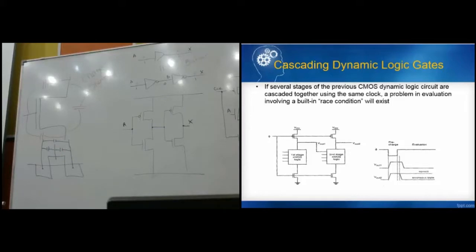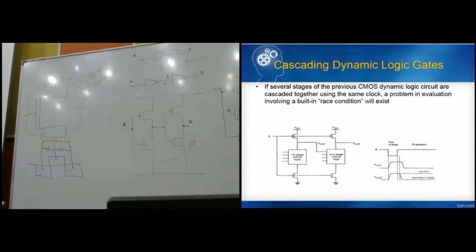Okay, so this is actually the dynamic CMOS for a buffer. How do I do? Saya cuma akan mengambil kira pull down network. Ini adalah pull down network. Okay, saya tambah satu PMOS dan tambah satu NMOS yang disambung kepada clock. Yeah. So this is actually the dynamic CMOS for a buffer.